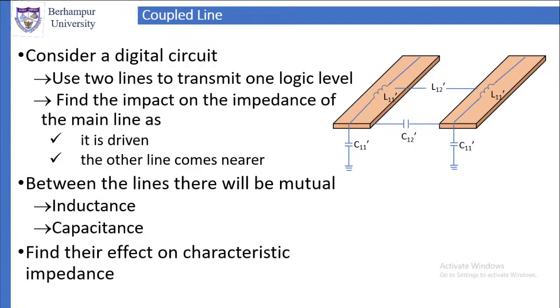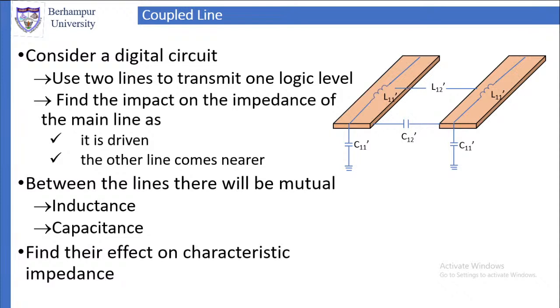Similarly, the line will have a capacitance with the ground plane. The ground plane and the line are both planes, so two conductors separated by a distance give you a capacitance. So the first line will get C11 prime. For the second line we will have C11 prime, because both lines are of equal dimension.